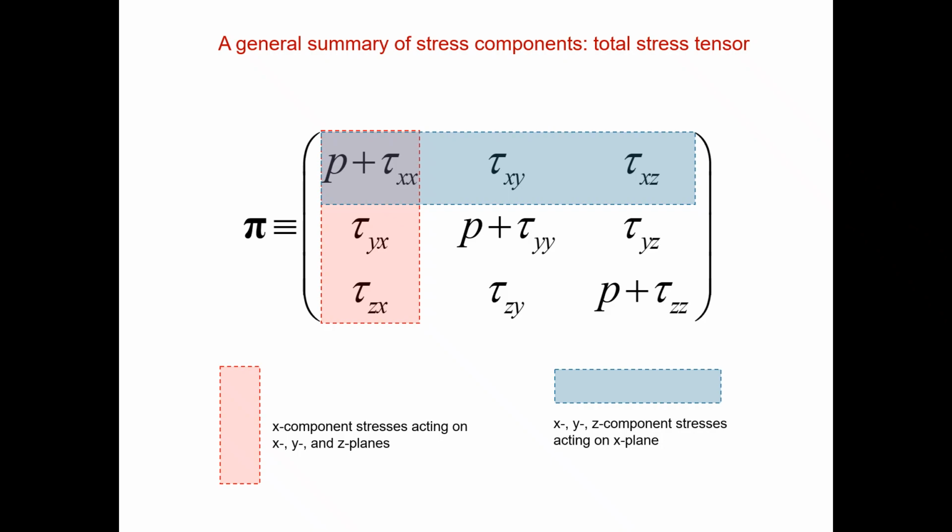I have x, y, z components of the viscous stress tensor as well as the hydrostatic pressure. And when I look at one column, those are just the x component of x, y, z plane. Yes?